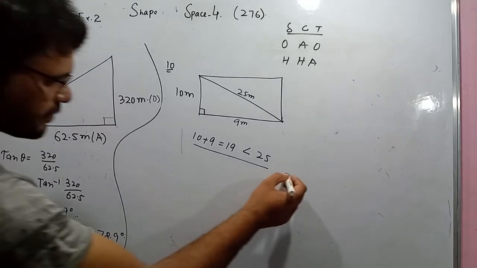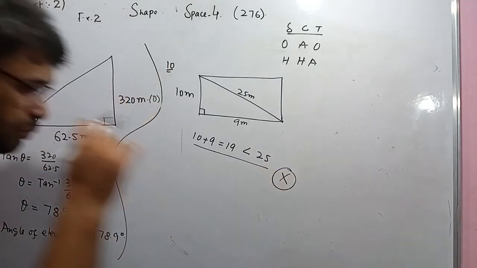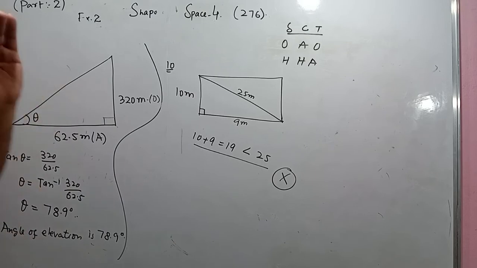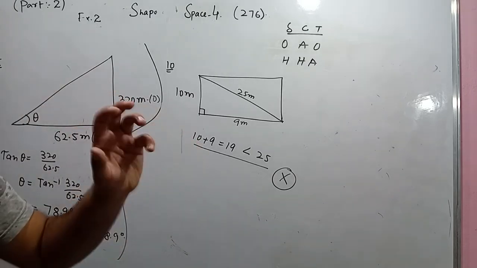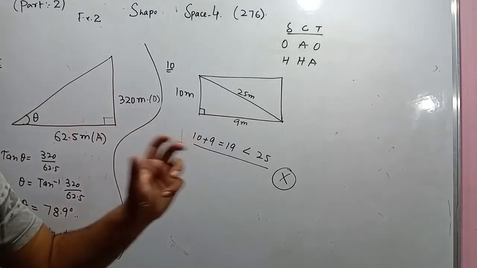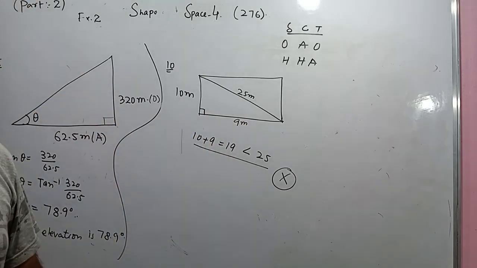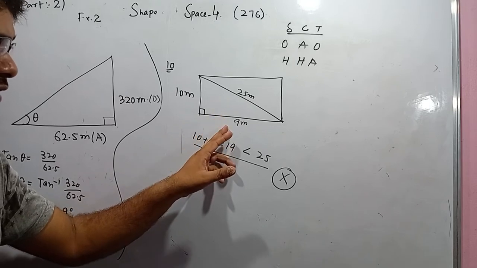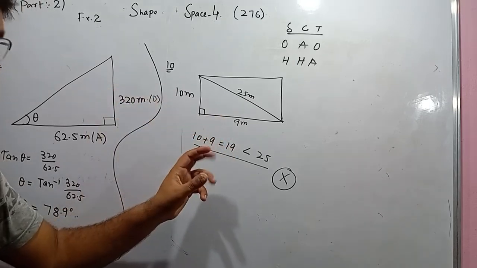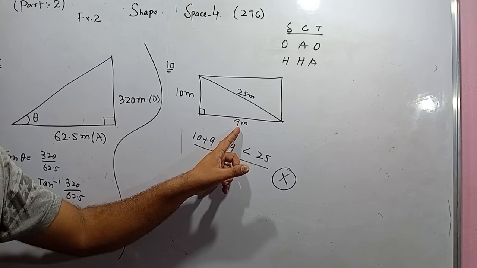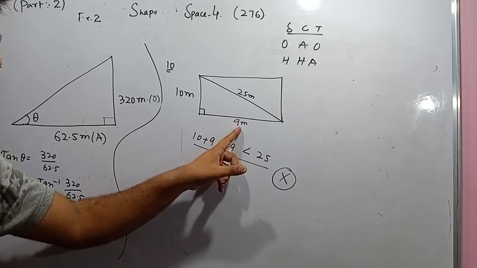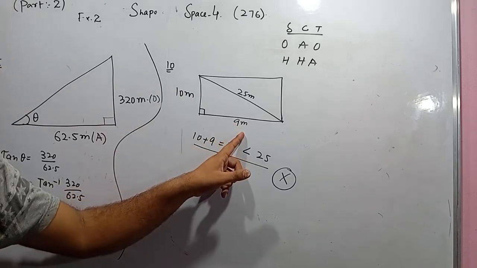This contradicts a proven result. In a triangle, the sum of lengths of two sides is always greater than the third side. It is here less than. So we can conclude this is not the shorter side. Definitely this should be the longer side.